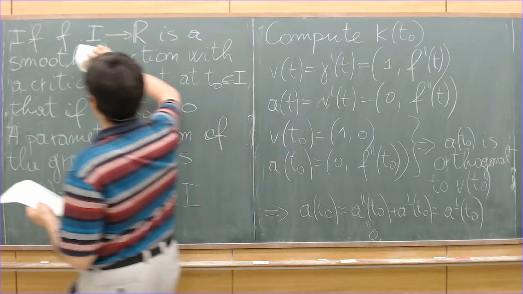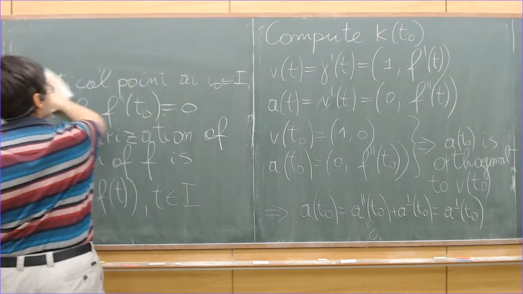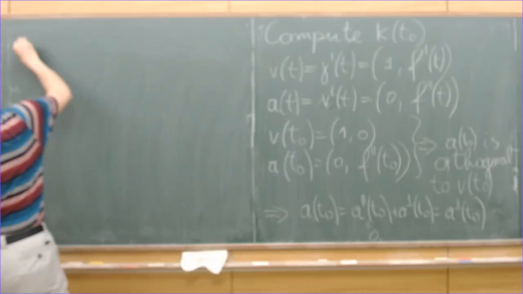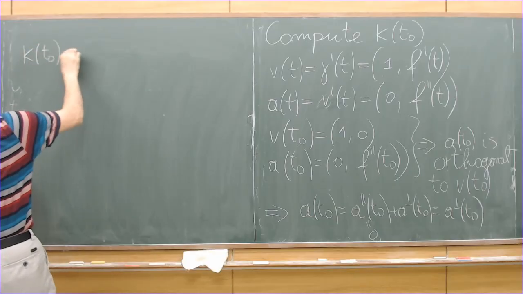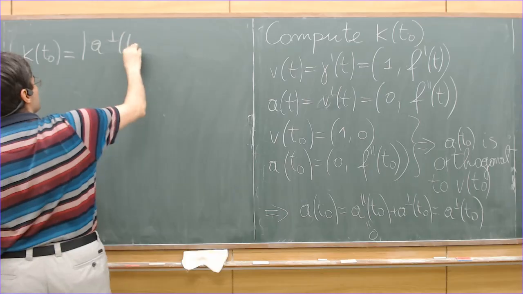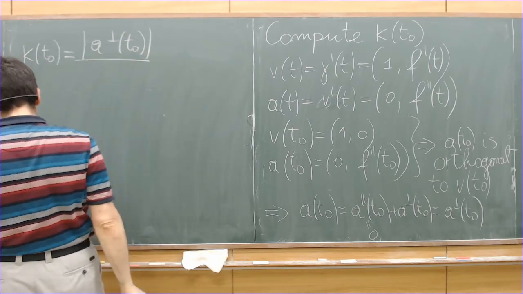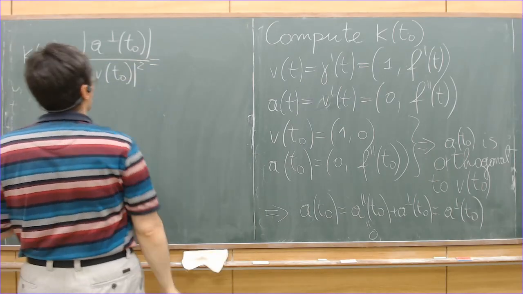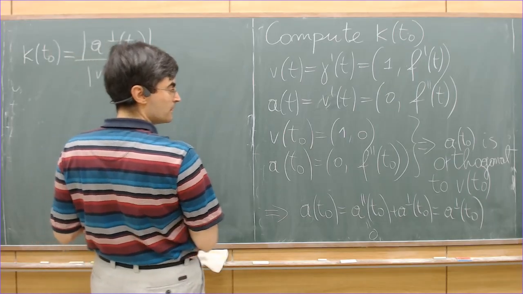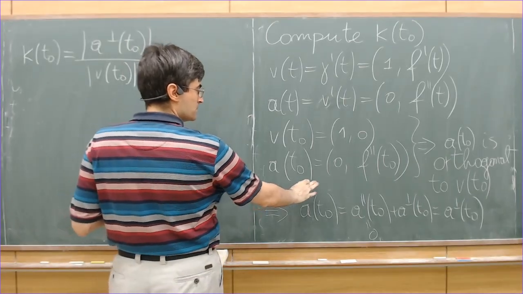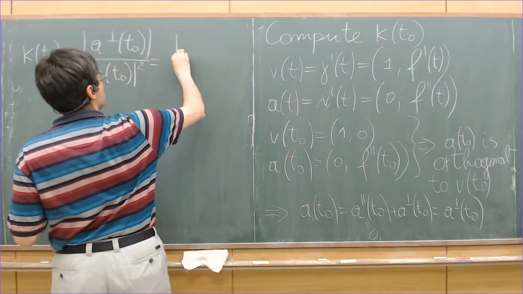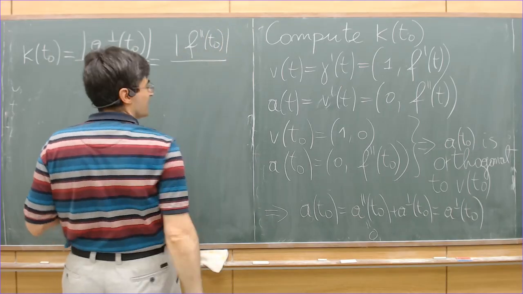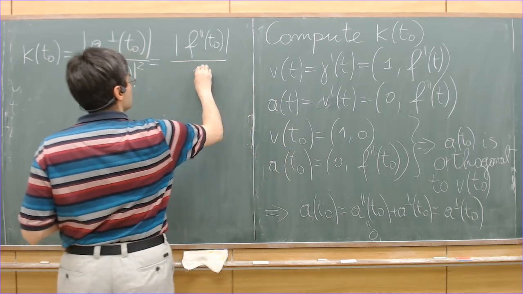Then the formula for the curvature says that k of t0 is the length of a orthogonal t0, divided by the length of v of t0 squared, and this is equal to f second t0 divided by the length of v of t0, which is 1.